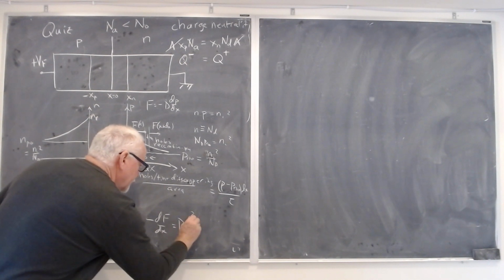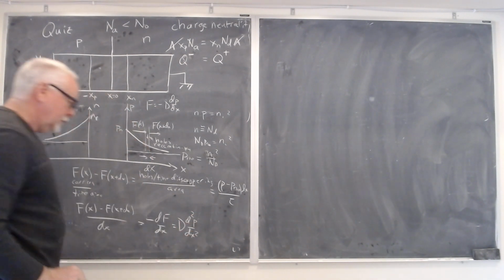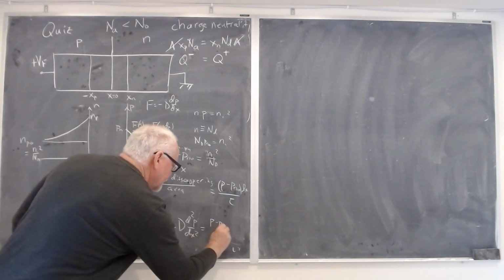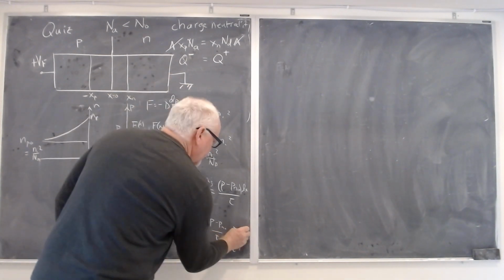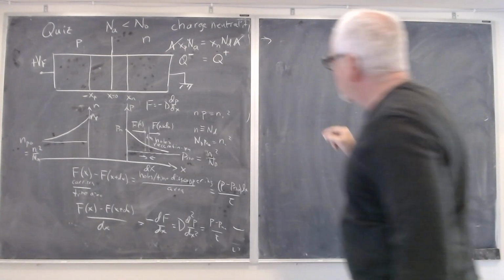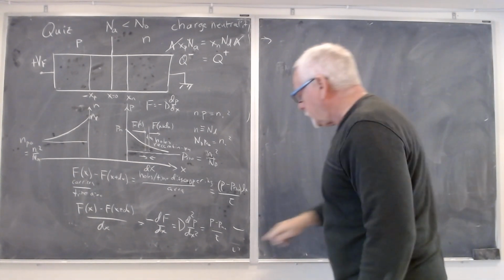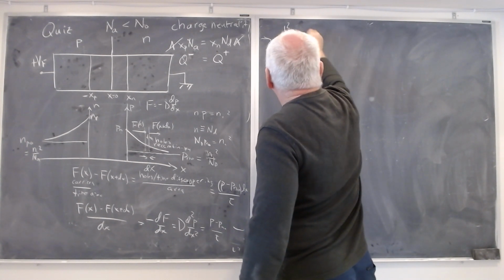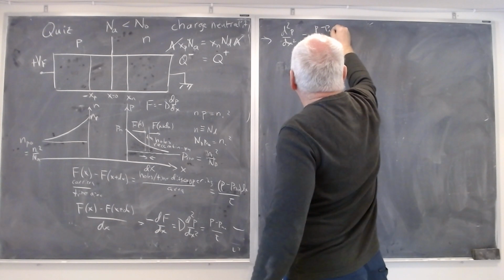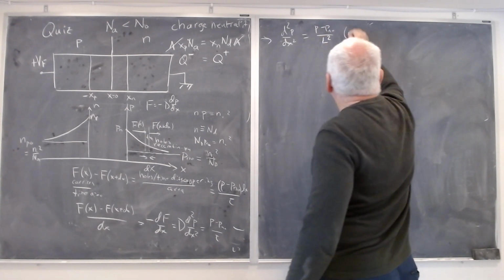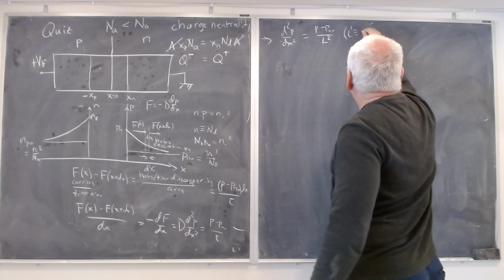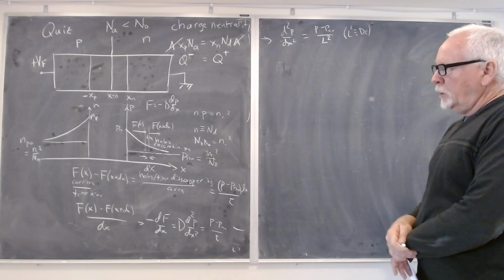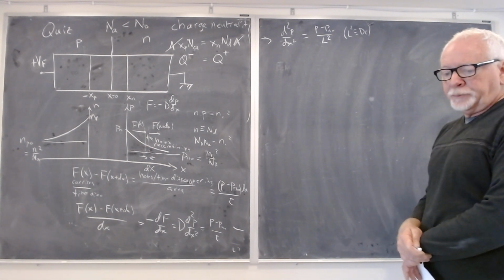So D d squared p dx squared is dF dx, and that's equal to p minus pn0 over tau. We rewrote that because we defined this D tau. So d squared p dx squared is equal to p minus pn0 over L squared, where L is defined to be the square root of D tau, where L is what we call the diffusion length.